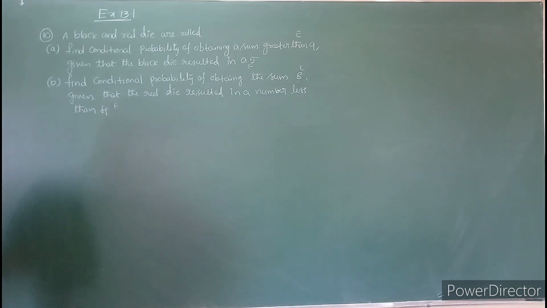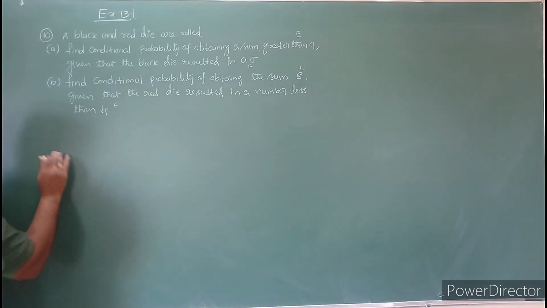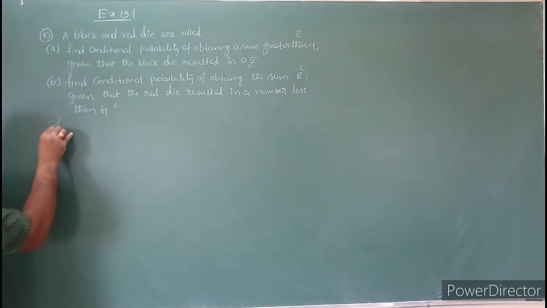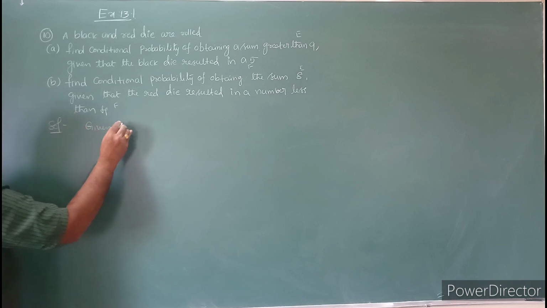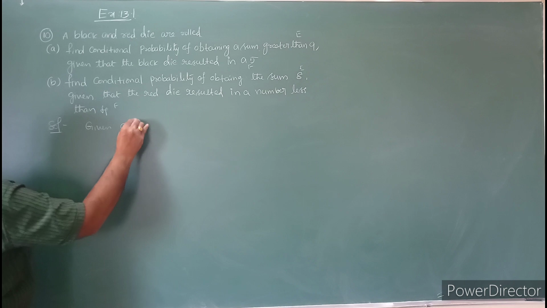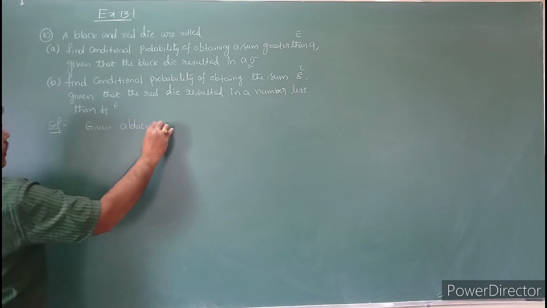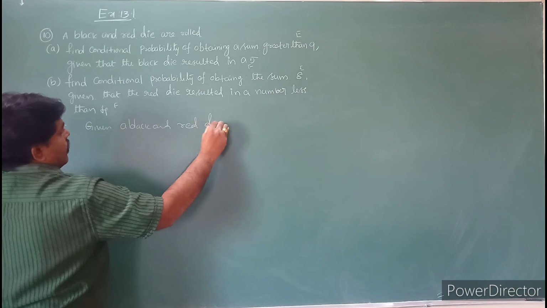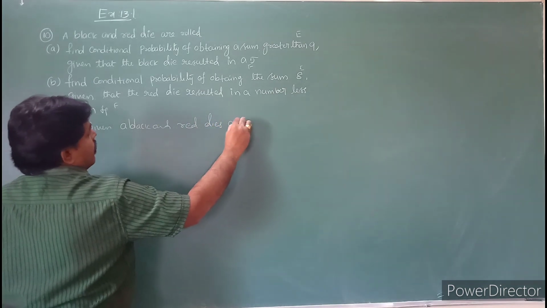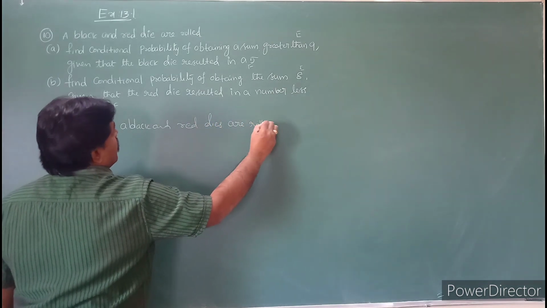So first, given a black and red dice are rolled.